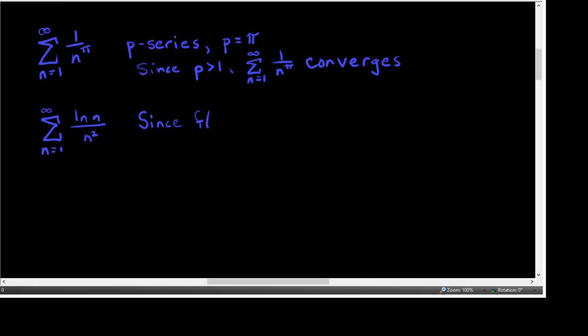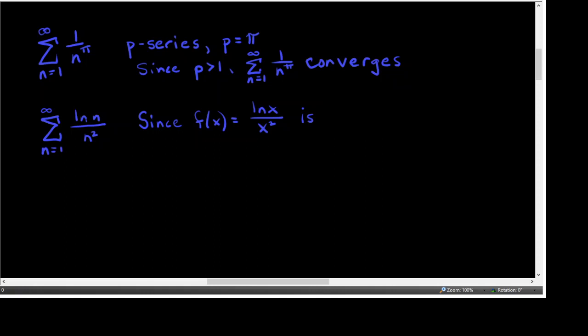So I'm going to talk about the function f of x, which is ln of x over x squared. It's positive. Well, see, the natural log of 1 is 0. So it's not going to be positive when x is 1.